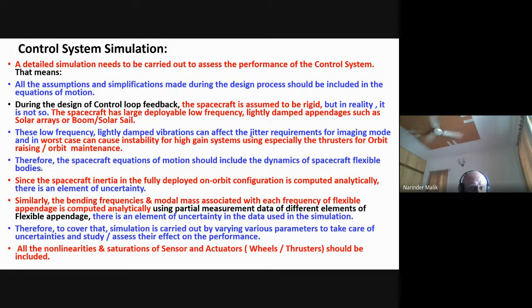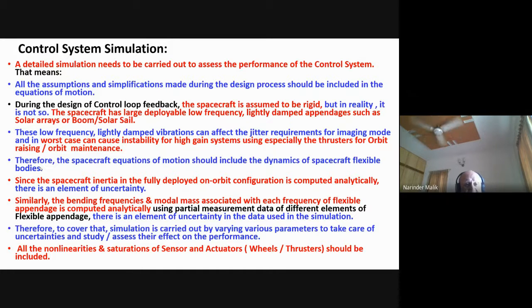So an element of uncertainty comes in, in how the masses are distributed for the solar array. You can't take a uniformly distributed mass and compute it, because at places the masses are not uniform. There is some switch, there is a pyro valve, things like that. So it requires a computation, and computation is an element of uncertainty.